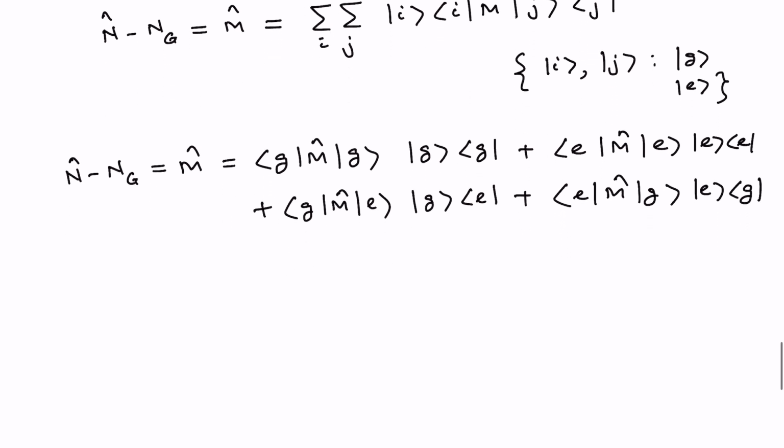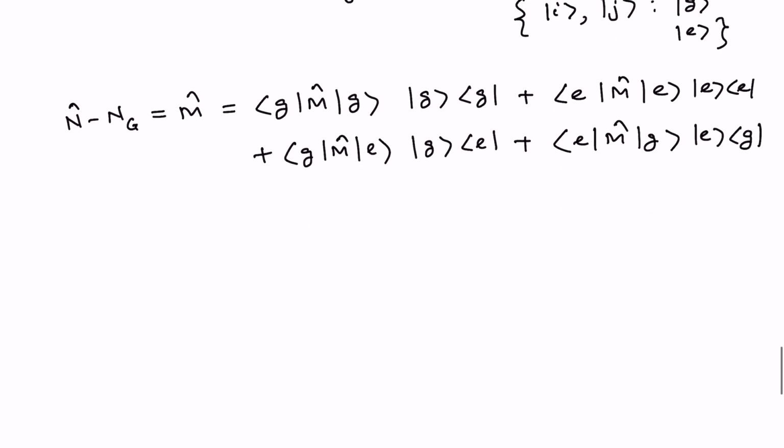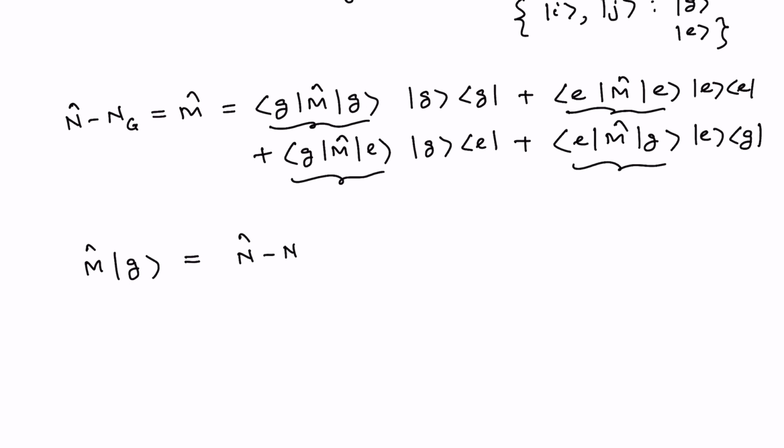So we have to find out all these matrix elements here, and that we can easily work out if we do it systematically. To that, first let me find out what is m operating on ket z, where m is equal to n minus nz.